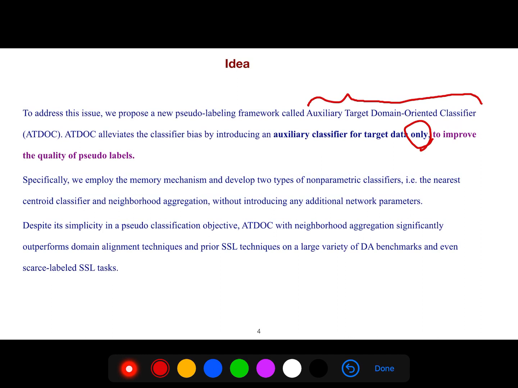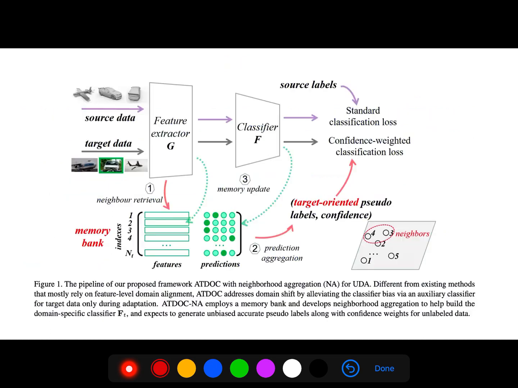Specifically, we employ the memory mechanism and develop two types of non-parametric classifiers, the nearest centroid classifier and neighborhood aggregation, without introducing any additional network parameters. Despite its simplicity in a pseudo-classification objective, ATDOC with neighborhood aggregation significantly outperforms domain alignment techniques and prior semi-supervised learning techniques on a large variety of domain adaptation benchmarks and even scarce labeled SSL tasks.